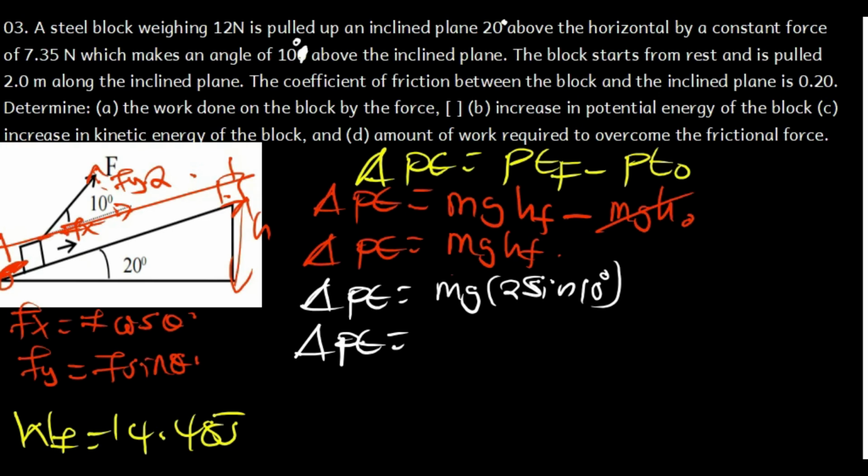We have been told that a steel block weighing 12 newton, that is the weight force. Mg is the weight force. So we have 12 times 2 sine 10 degrees. Okay, so 2 times 12 is 24, so 24 sine 10.